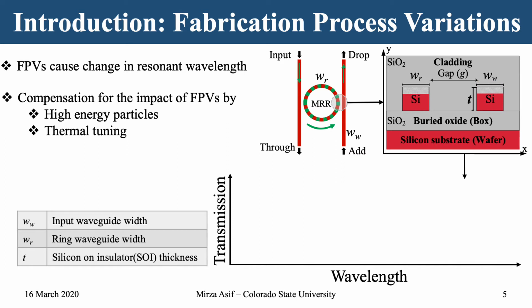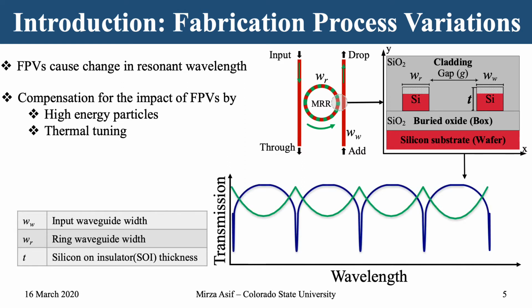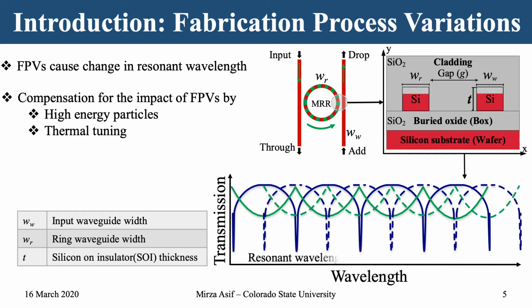These variations can occur both at the input waveguide and the ring waveguide, and these width and thickness variations cause change in resonant wavelength. As one can see, the resonant wavelength shift has occurred because of these fabrication process variations.